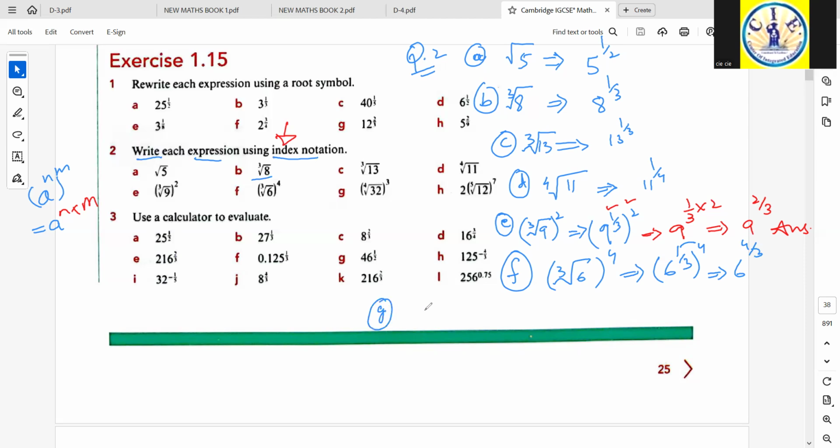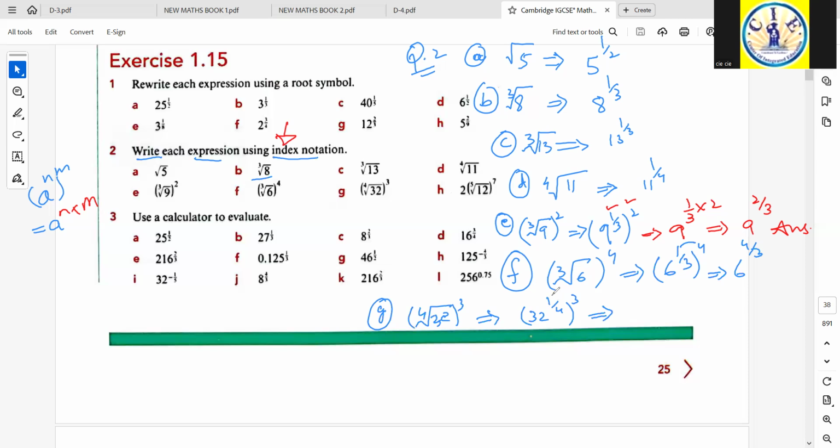Then G, fourth root of 32 raised to power 3, which will give us 32 raised to power 1 by 4 whole raised to power 3.